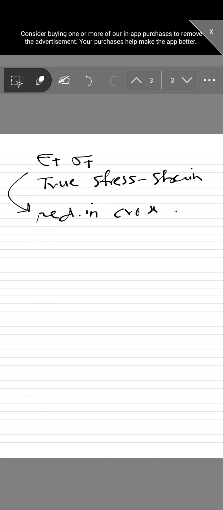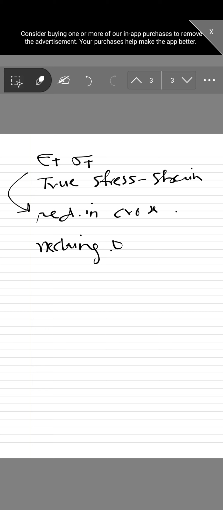Now, this true stress, true strain curve determined from a tension test is of limited usefulness, because necking, this process that indicates the onset of plastic instability, limits uniform deformation to true strains less than 0.5.